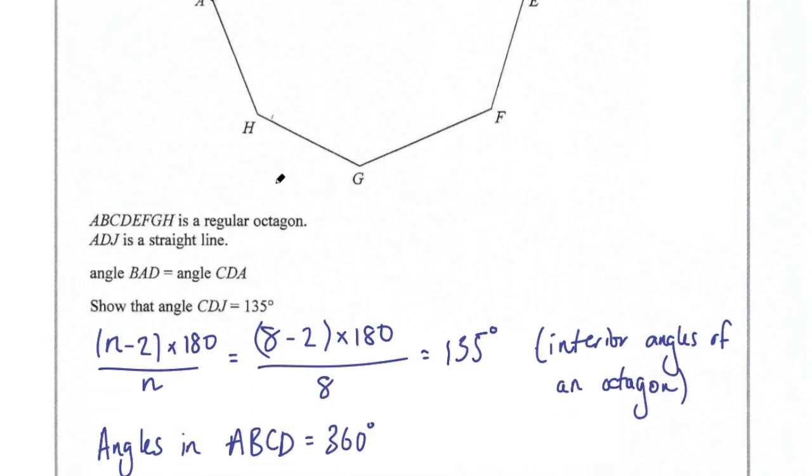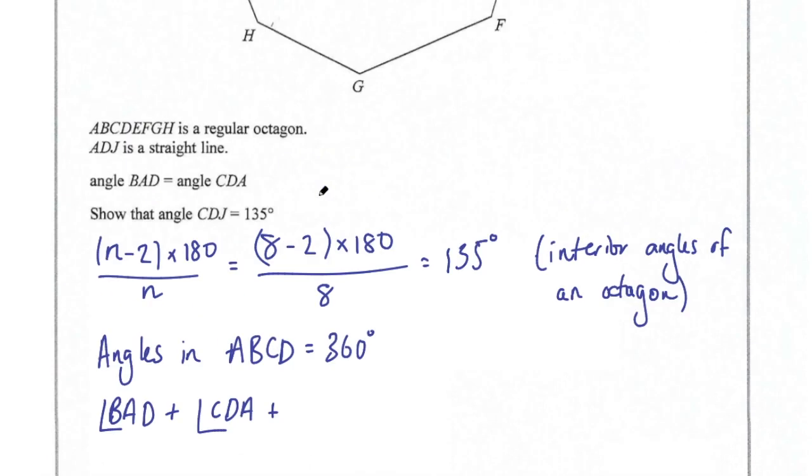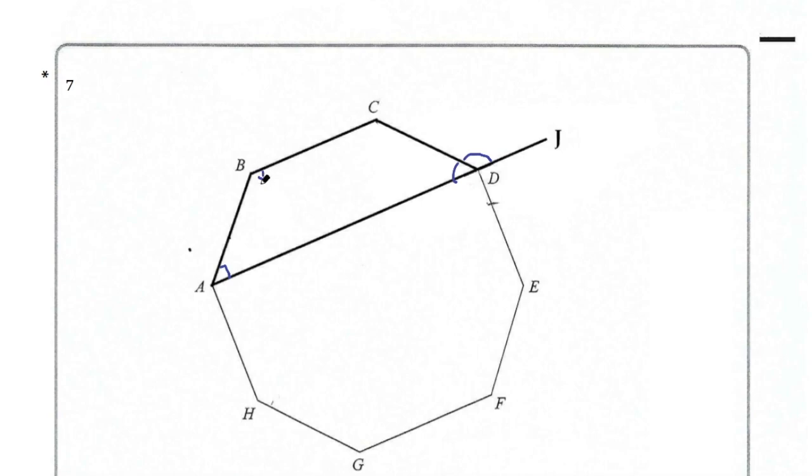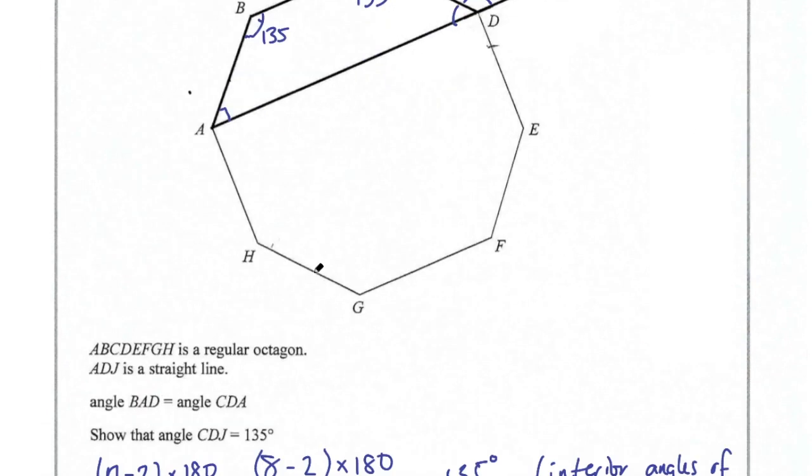And also because these two angles and these two angles are equal, we can say angle BAD plus angle CDA plus these two angles up here, they're both 135. So together they make 270.